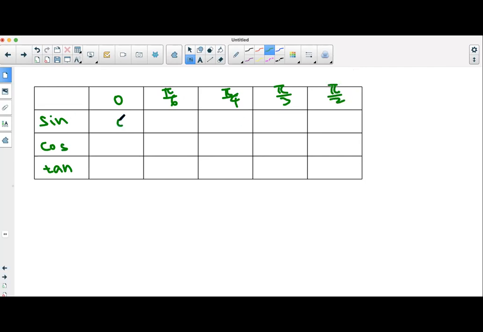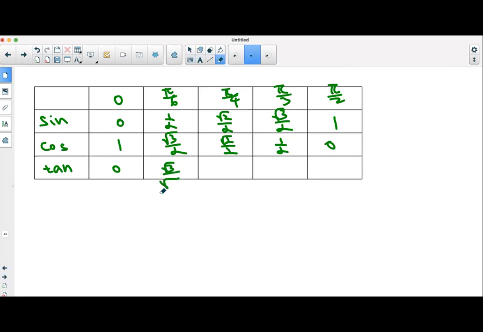Sine is 0, 1/2, radical 2 over 2, radical 3 over 2, and then 1. Cosine is 1, radical 3 over 2, radical 2 over 2, 1/2, and then 0. Tangent is 0, radical 3 over 3, 1, radical 3, and then undefined.